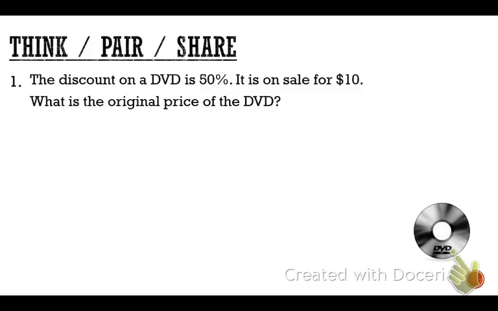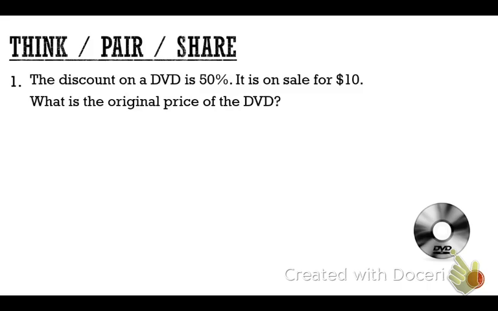So listen, it's on sale for $10. When things are on sale, we're happy about it because the price was lowered. Now it asks me what's the original price. So the original price, should it be bigger than $10 or smaller? Bigger. It should be bigger because $10 was the sale, okay? So just think in your head, whatever my answer is should be bigger than $10.